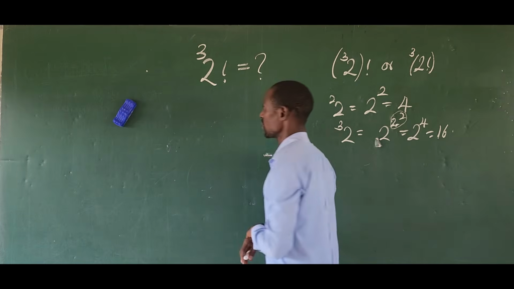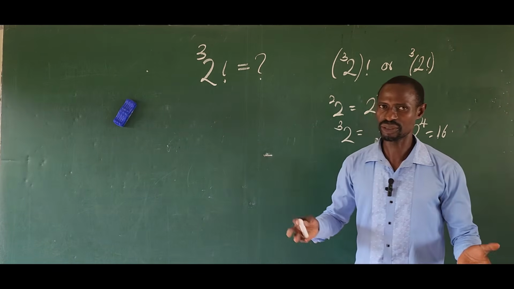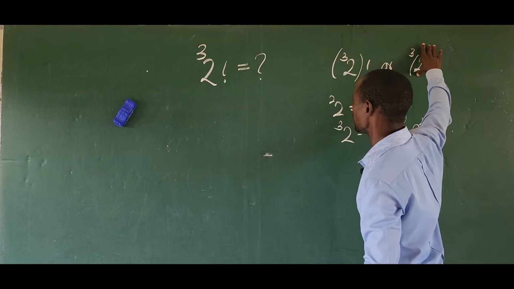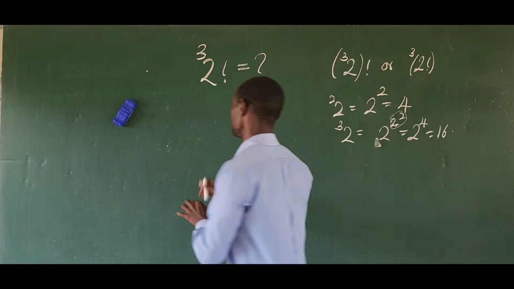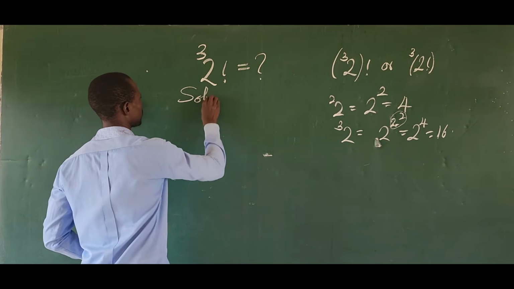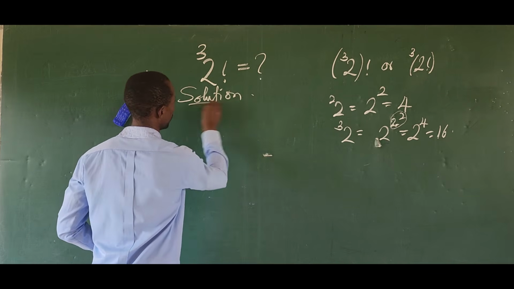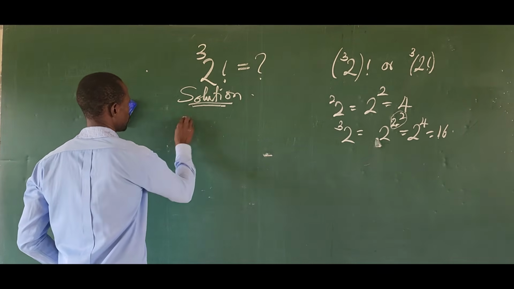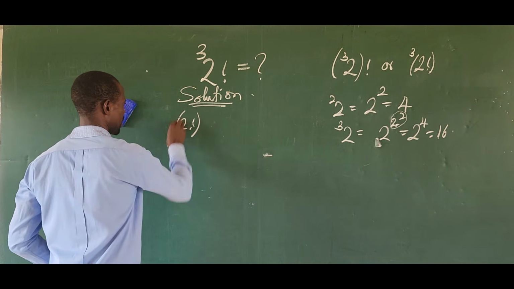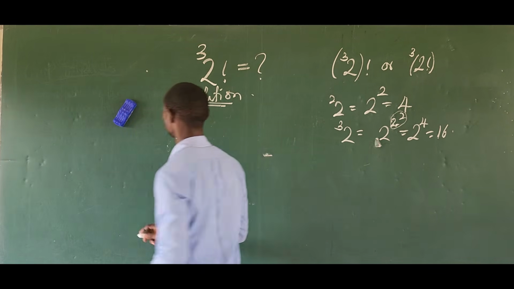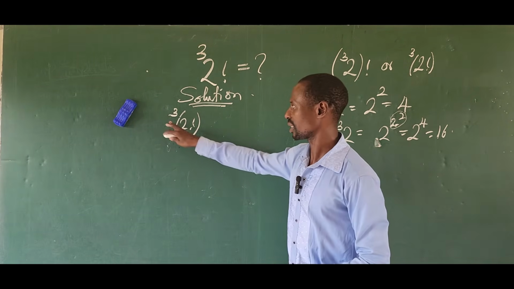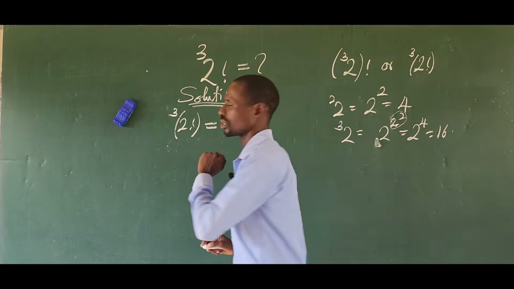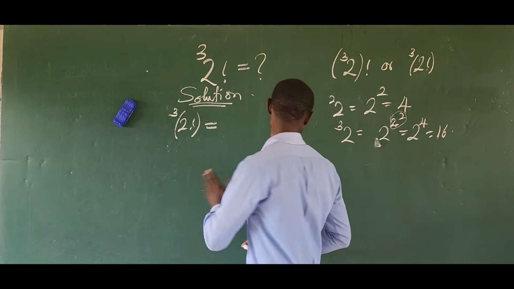Now let's come to our question. What are we going to do here? We're going to take this format first. So we take our solution and write this as 2 factorial tetration 3, that is, 2 factorial tetration 3. We know that 2 factorial is 2 times 1.